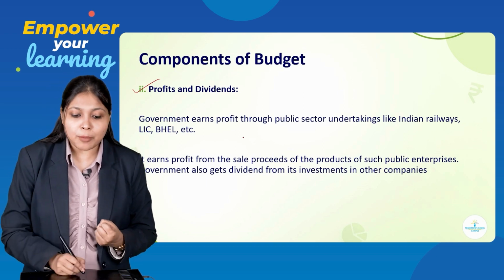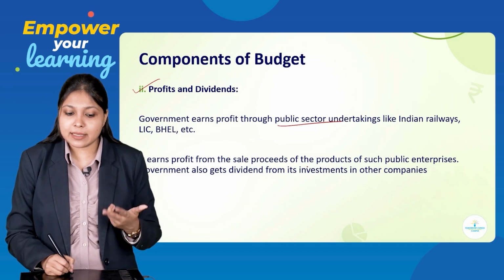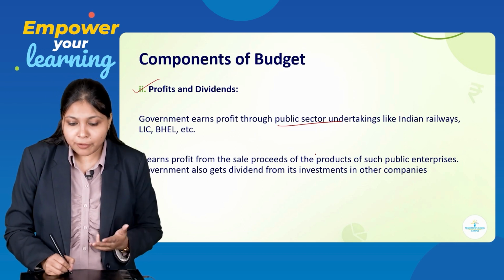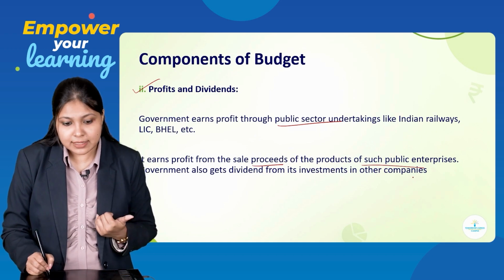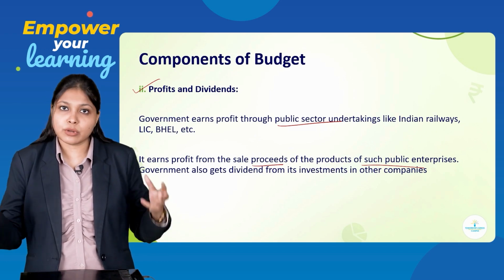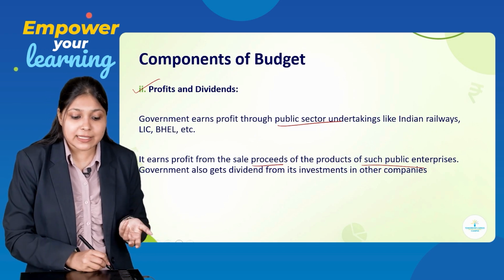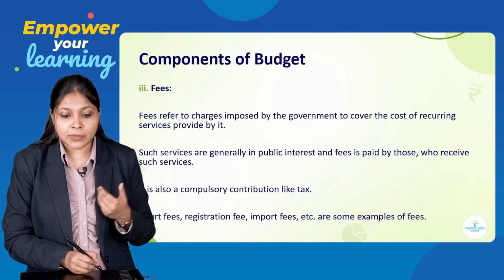So the government earns profit through public sector undertakings like Indian Railways, LIC, BHEL, etc. It will earn profit from the sale proceeds of the products of such public enterprises. The government also gets dividends from its investment in other companies. So the government will receive profit as well as dividends. Again, a very important source of income.